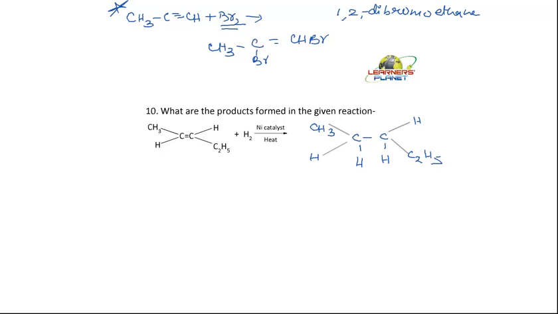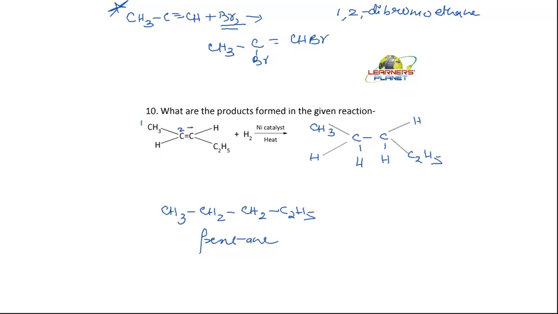Now if I want to name this, I'll write it in the chain form, that is CH3, CH2, CH2 and C2H5. Right? What should be the IUPAC name of this compound? How many carbon atoms are there? There are 1, 2, 3, 4 and 5. So it is pentane. Okay.